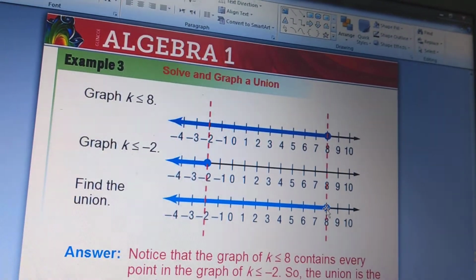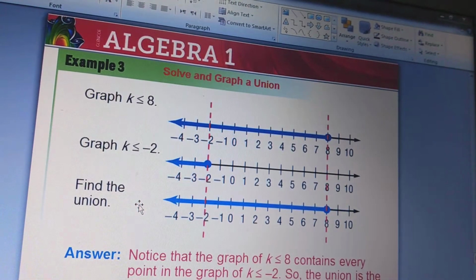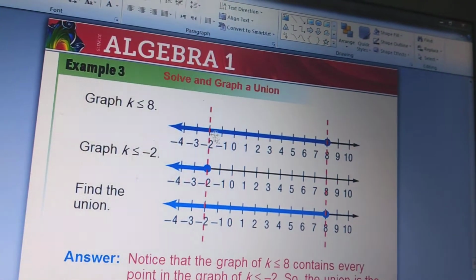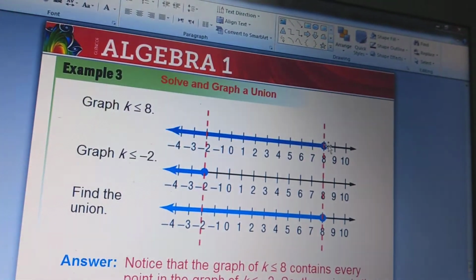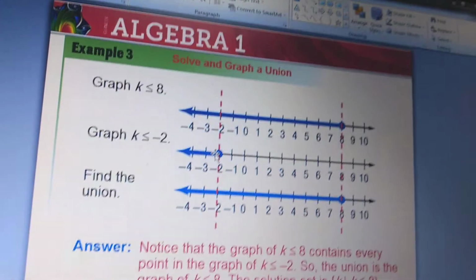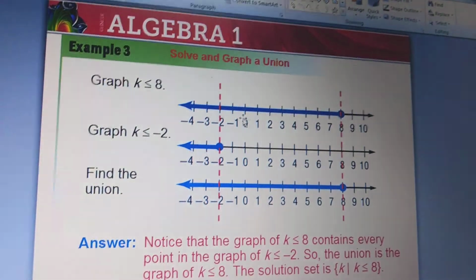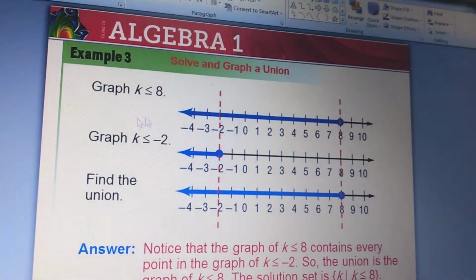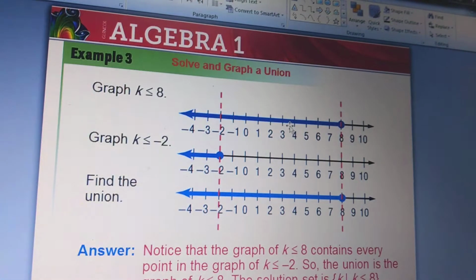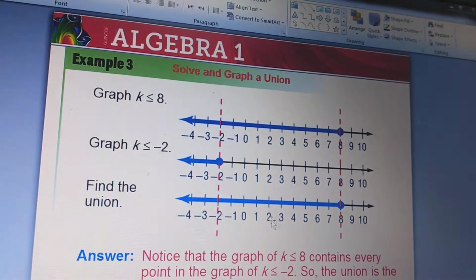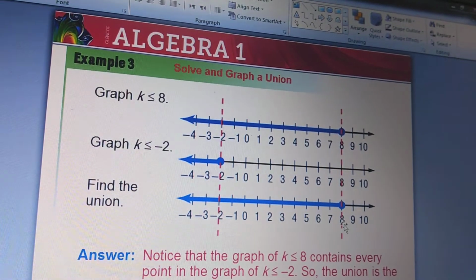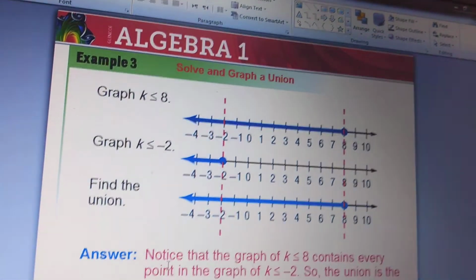Therefore it will be from 8 to the left, because we take the bigger one. When we take the union here between them, we must take the biggest group. Therefore the solution of these two inequalities will be this one, from 8 to the left.